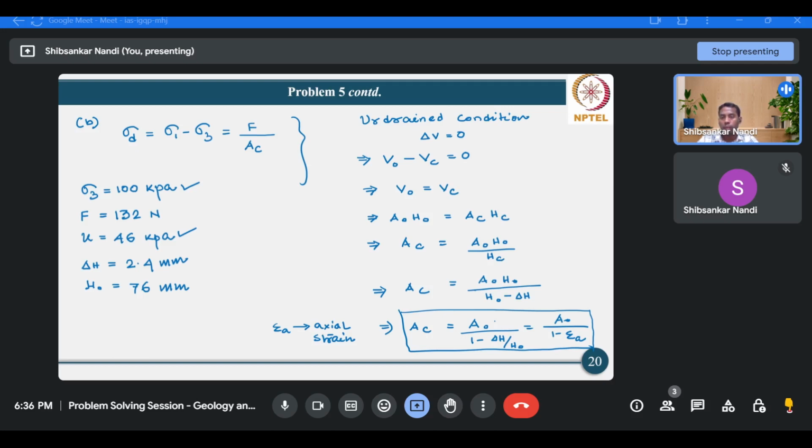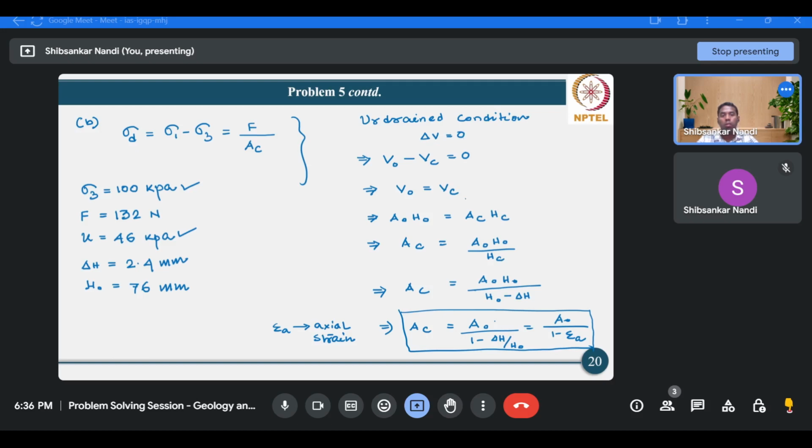So the basic steps are as follows. First you have to calculate the deviatoric stress, which is the force applied to the piston divided by the corrected area. Corrected area in the sense, as a sample undergoes deformation, its area will be modified, and the modified area you can calculate from the fundamentals, that under undrained condition the volume change will be 0.